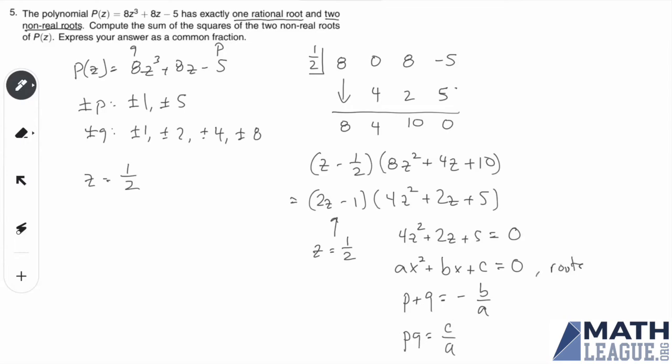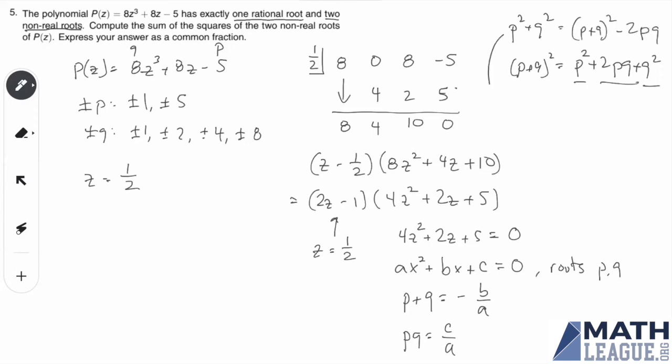To find p squared plus q squared, recall the identity: p plus q quantity squared is p squared plus 2pq plus q squared. So we have the sum of the squares of the roots and 2 times the product of the roots. You can rewrite this as p plus q quantity squared minus 2pq.